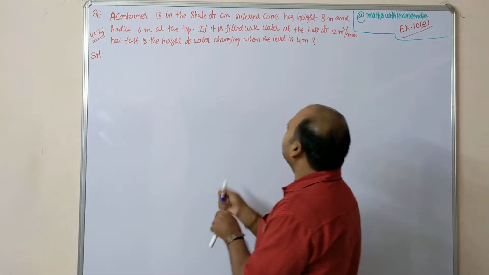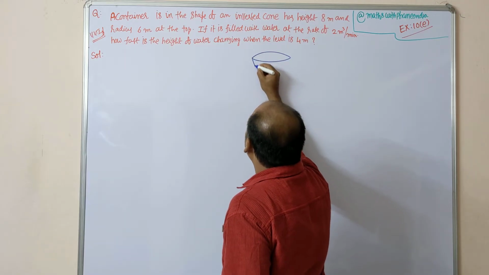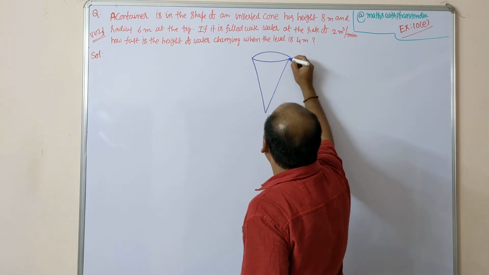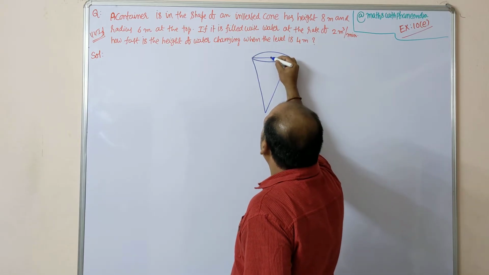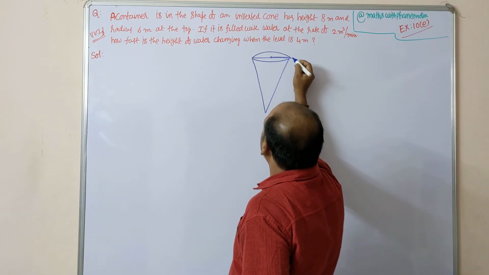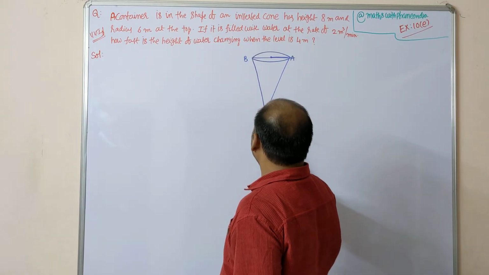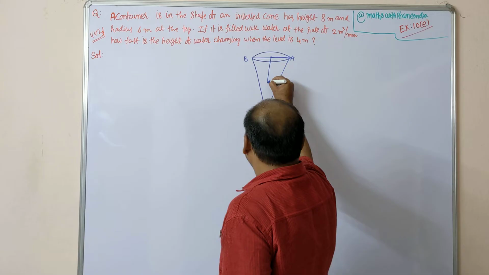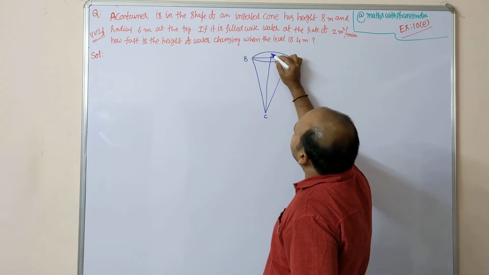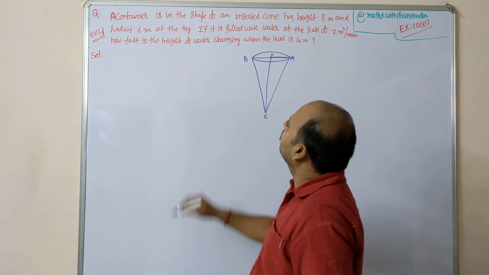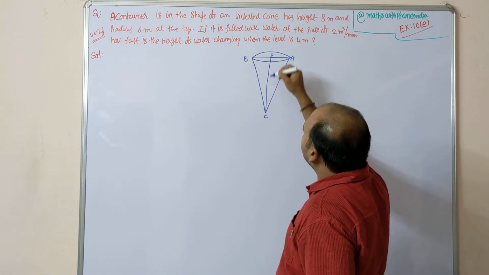So the inverted cone like this, you could draw the rough figure. This is the water, so A, B, suppose here it is C if you take it. Suppose this is the O point. Height is given 8 meters, from here to here it is height.